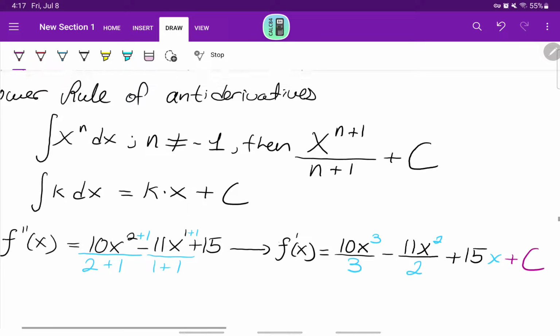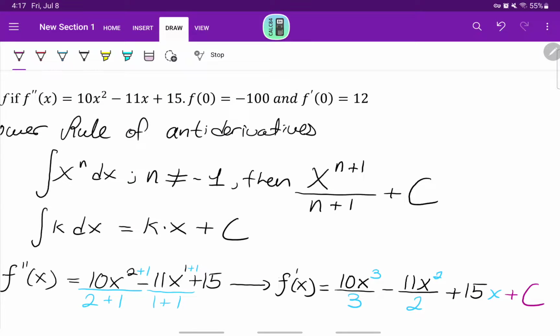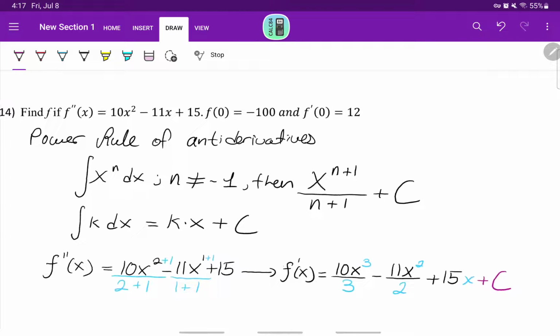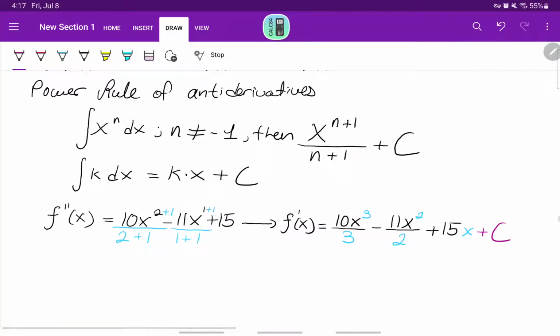Now, let's go back up to the top. It says f prime of 0 is equal to 12. So that means when I plug 0 into my first derivative, that should be equal to 12. Let's go ahead and do that. f prime of 0 is equal to 12. So wherever I see an x, I should plug in 0.